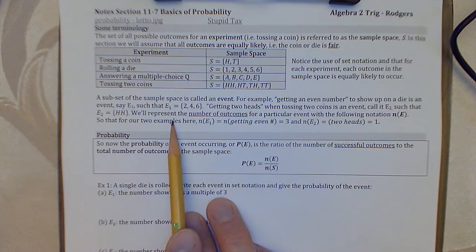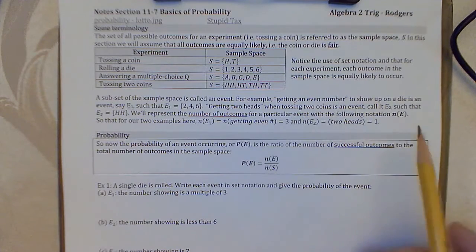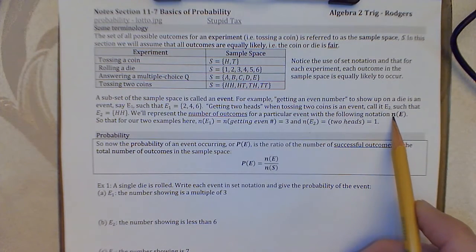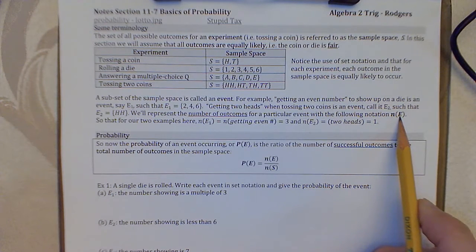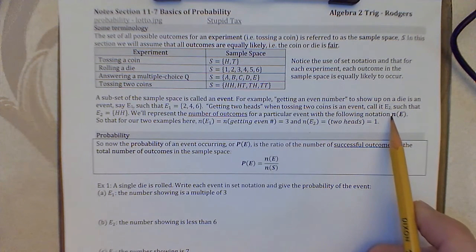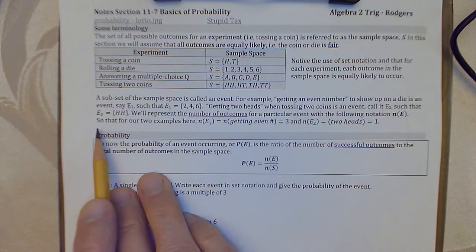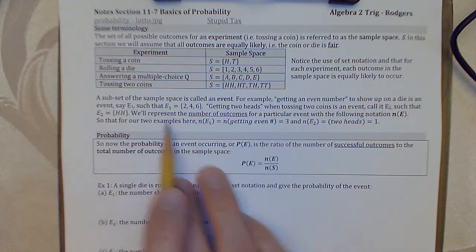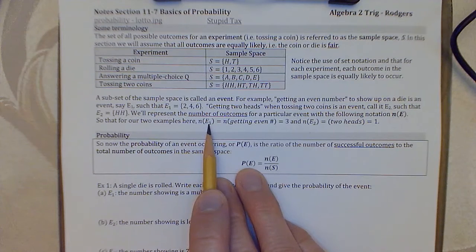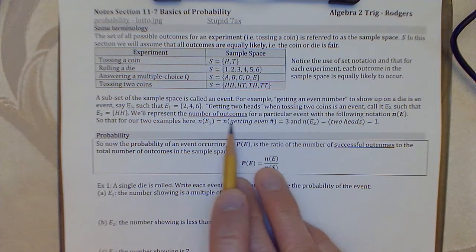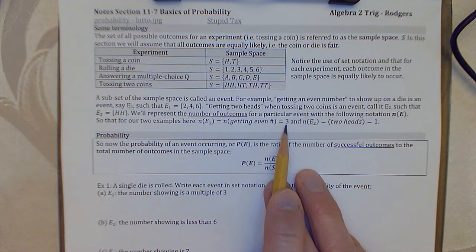All right, we'll represent the number of outcomes for a particular event using this notation, like it's a function, the number of outcomes that would satisfy a particular event. So it's like f of x, in this case, n of E. In our examples above, the number of outcomes in event 1, the number of ways of getting an even number on a die, would simply be 3.